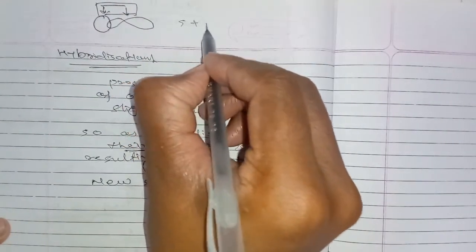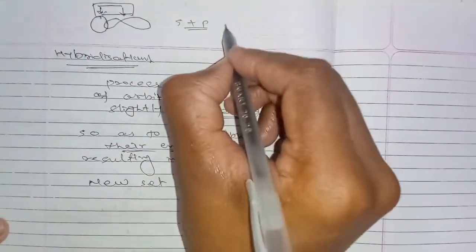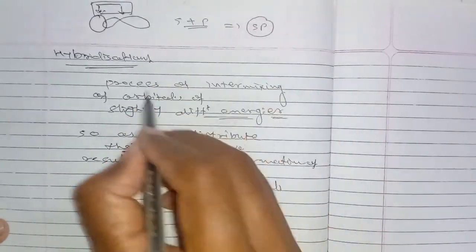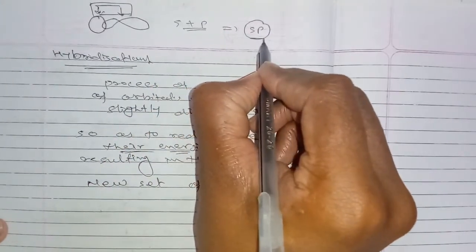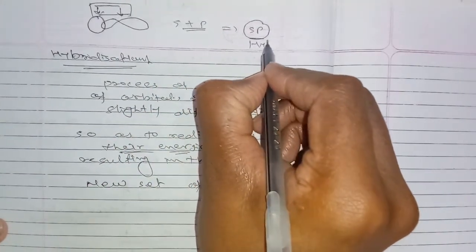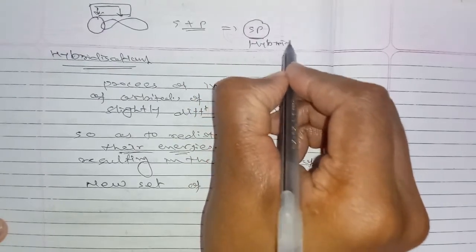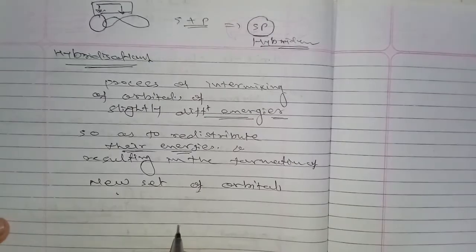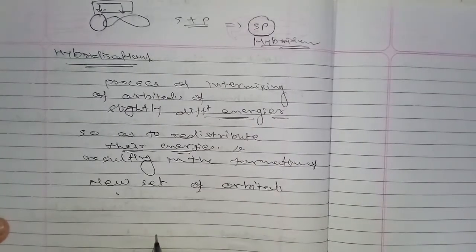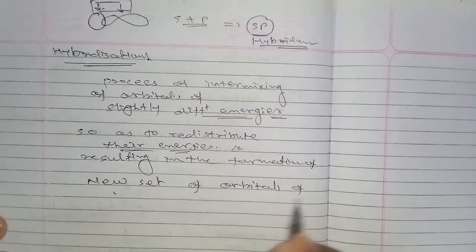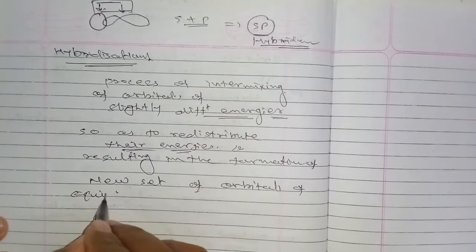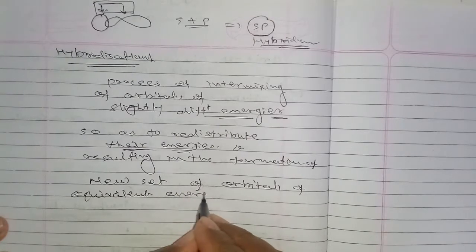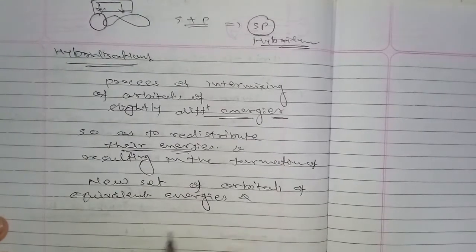Suppose s and p orbitals are intermixing, a new set of sp orbitals is formed, and the phenomenon is called hybridization. Okay, so a new set of orbitals of equivalent energy and shape.